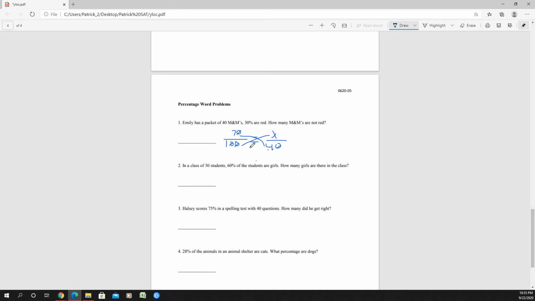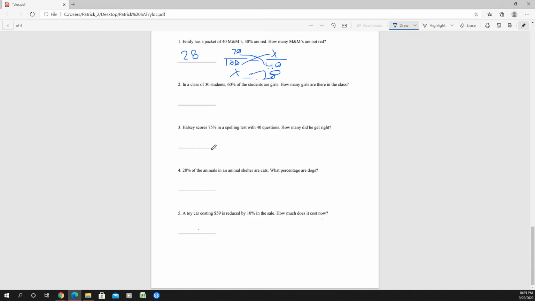So if you try and factor diagonally, you're going to mess something up. So what we want to do is factor across and factor up. So then x is equal to 28 because 4 times 7. So 28 of the 40 M&Ms are not red because 28 is 70%. Make sense? Yeah.